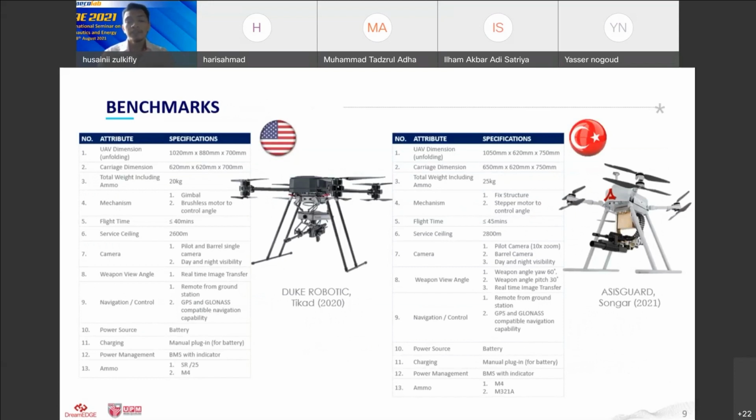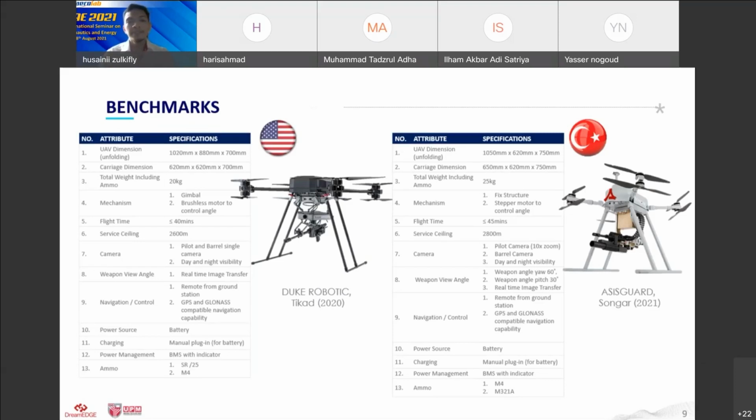Based on market research in 2020, there are a lot of weaponized UAV systems being developed, for example like the ROT and many more companies. So this is an opportunity for us to involve ourselves in developing this UAV system to reduce fatal injury to our manpower from Malaysia itself.